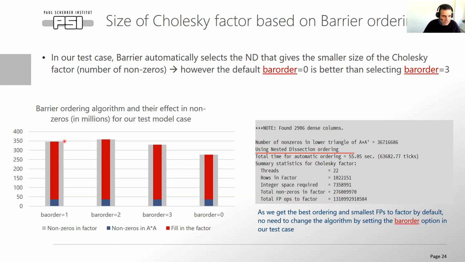With bar order 3, nested dissection ordering, we get the best, the lowest numbers. But if I use the default option, bar order 0, which by default uses nested dissection ordering, I don't get the same number.